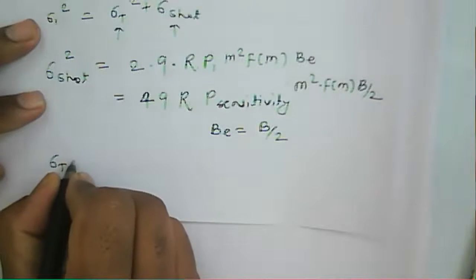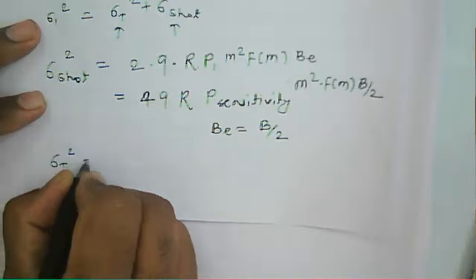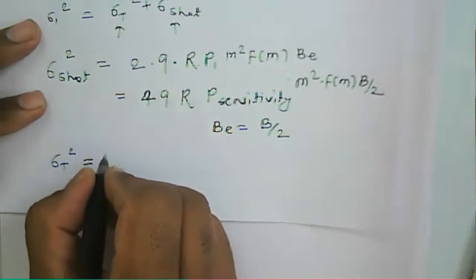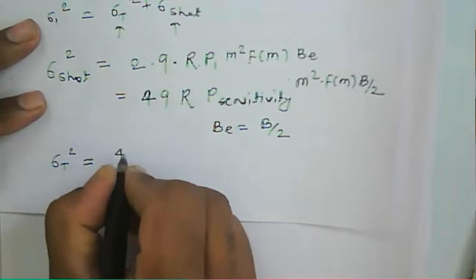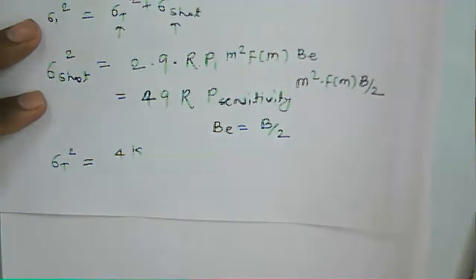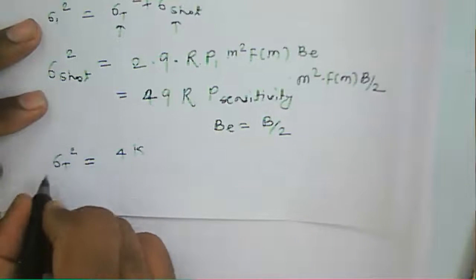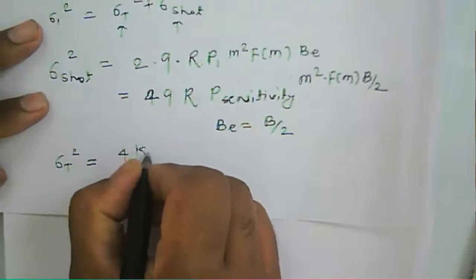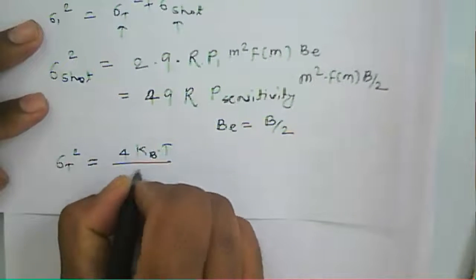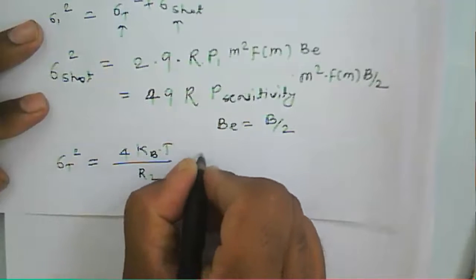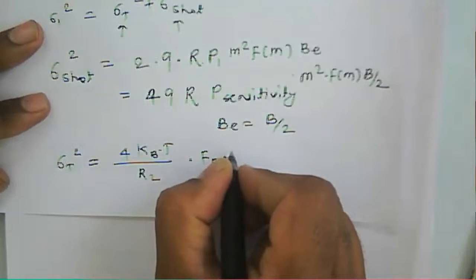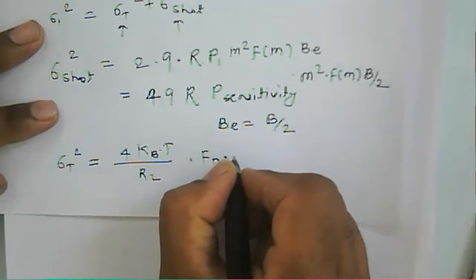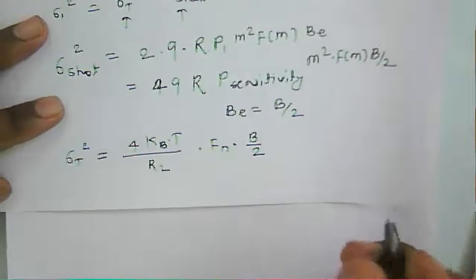And for the thermal noise, sigma T, the thermal noise current, because of the thermal noise there is a thermal noise variance: 4 kB T by the load resistance RL, with respect to the noise figure function for the amplifier, times B by 2.